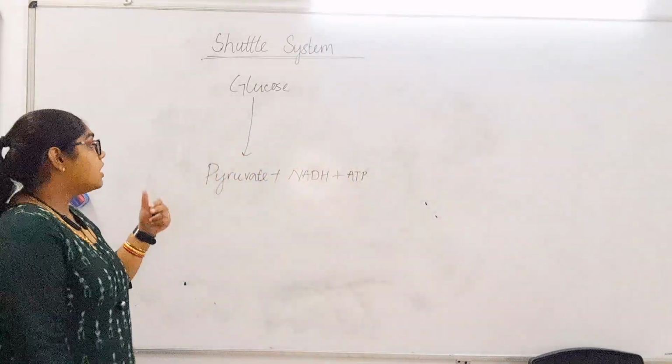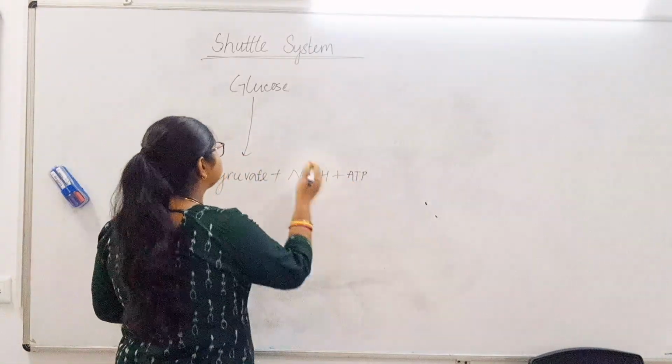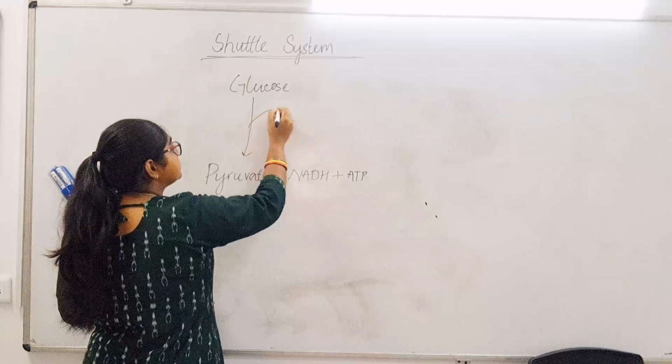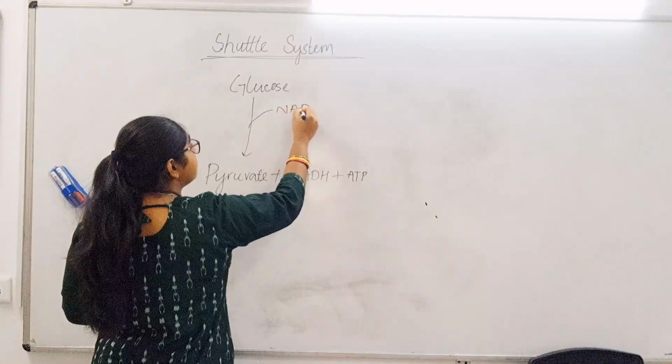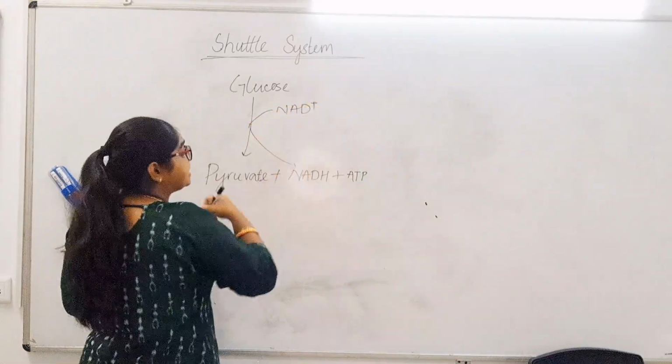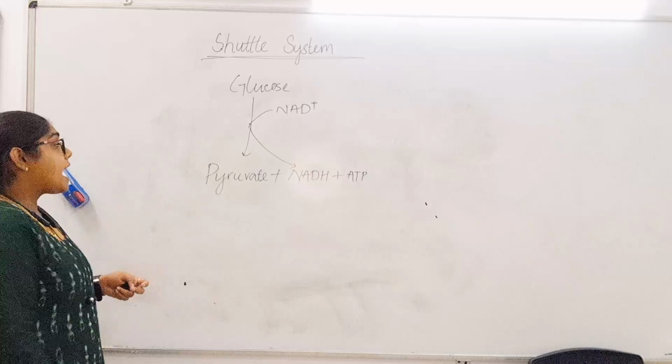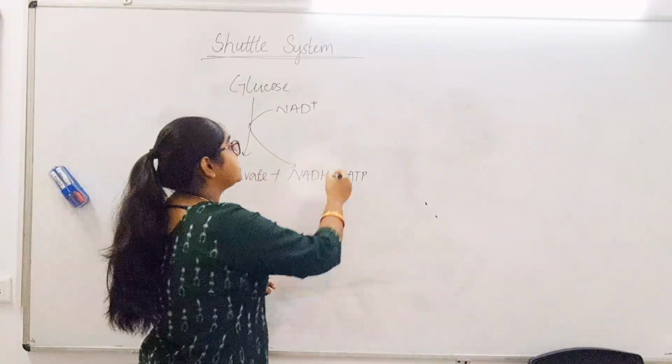Okay. So what happens in this process? It utilizes the NAD plus molecule to produce the NADH. Okay. And this reaction takes place in the cytosol.